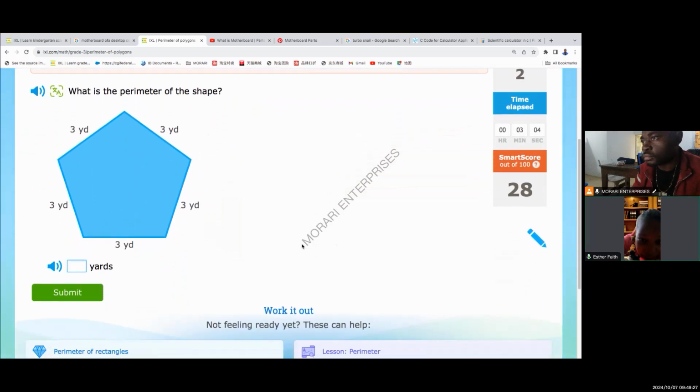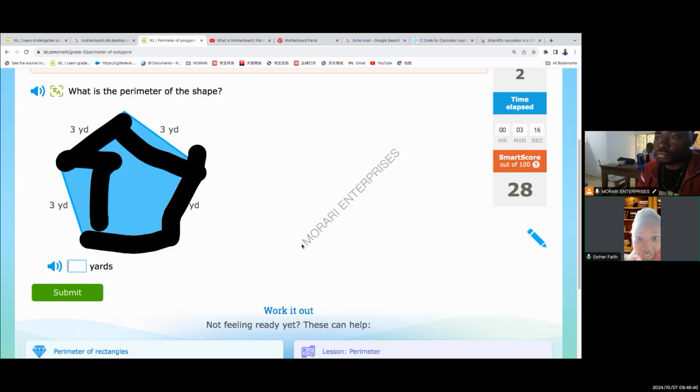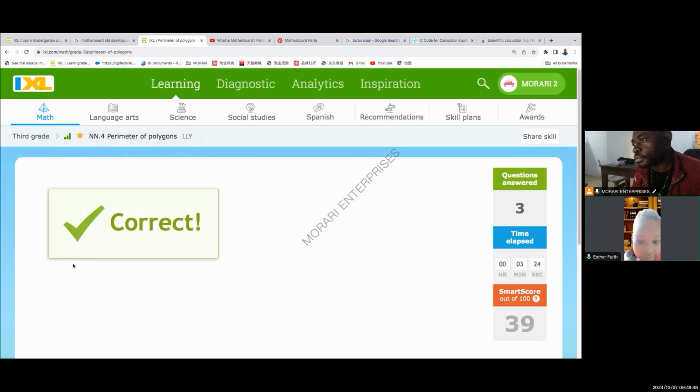What is the perimeter of this shape? 3 plus 3 plus 3 plus 3 plus 3 equals 15 yards.